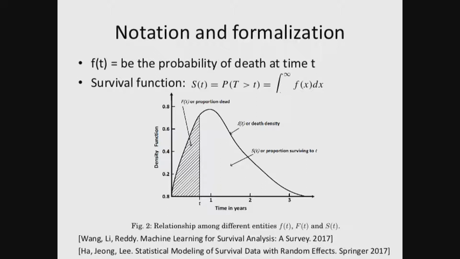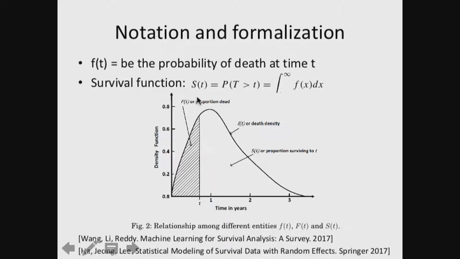And very important for survival modeling and for the next things I'll tell you is the survival function, denoted as capital S of t, and that's simply 1 minus the cumulative density function. So it's the probability that the event occurrence time, which is denoted here as capital T, occurs greater than some little t.